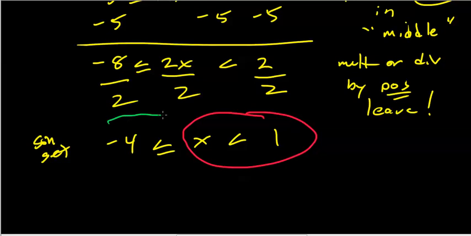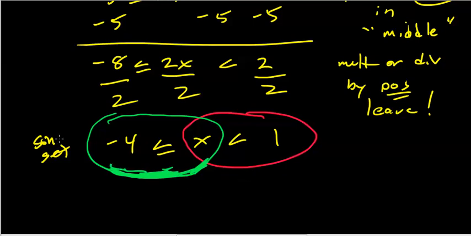And if I look at this inequality here, this tells me all x values greater than minus 4. Remember, I should be able to read this green circled inequality right to left or left to right. If minus 4 is less than x, that means x is greater than minus 4.